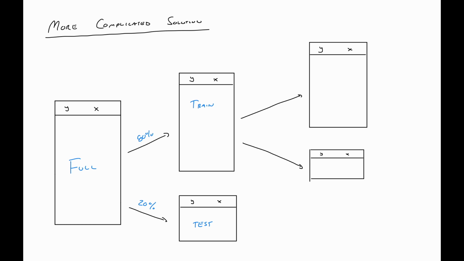A big warning right here. The test data is super important. If I were a Lord of the Rings fan, I would say something like, keep it secret, keep it safe. What I mean by that is this data should not be used at all, except at the very, very end of the analysis for whatever model you've chosen.